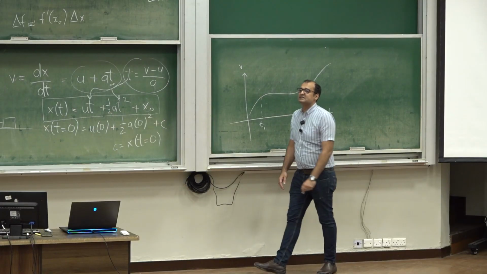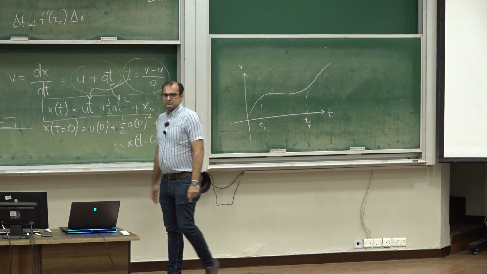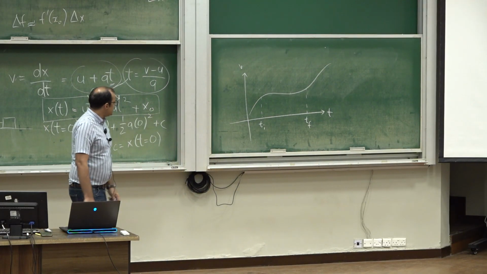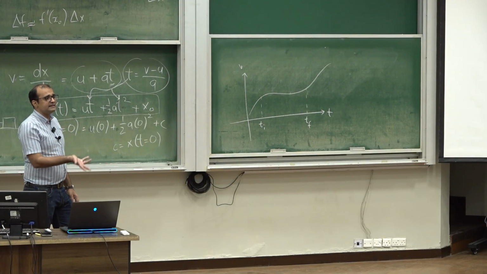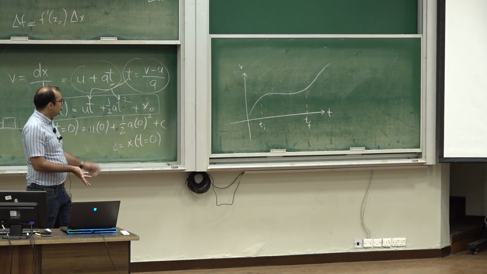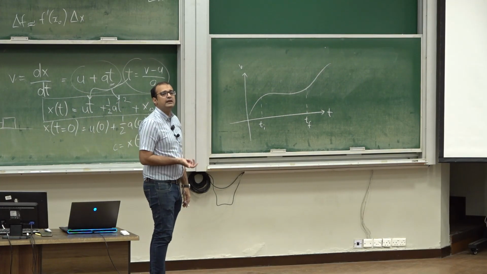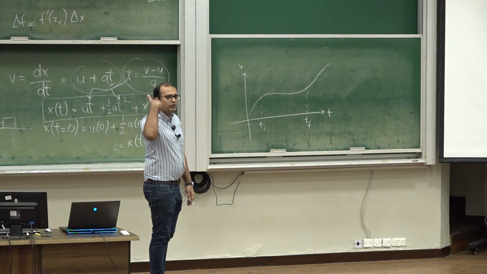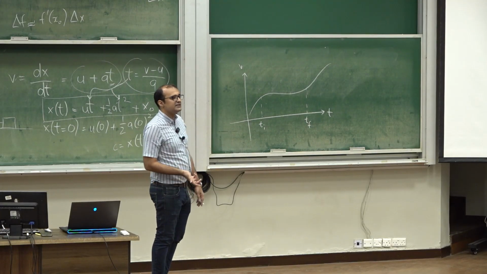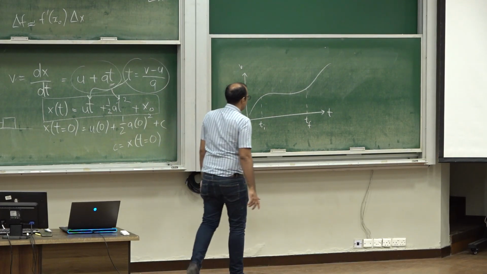You want to find out the distance. Now you cannot think about calculating an antiderivative straight away, because you don't really know the analytical form. You don't have an equation for v of t, which you can then think about, okay, what do I differentiate so that I get this function? But there's another way to think about this.